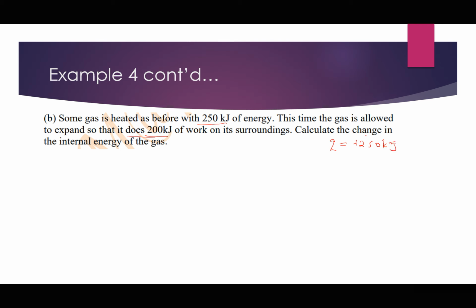Since it expands, the work done is negative 200 kilojoules. Calculate the change in internal energy. The change in internal energy is Q plus W. Q is positive 250, but W is negative 200. When you sum up, this gives positive 50 kilojoules. It is still positive, so this still means an increase.